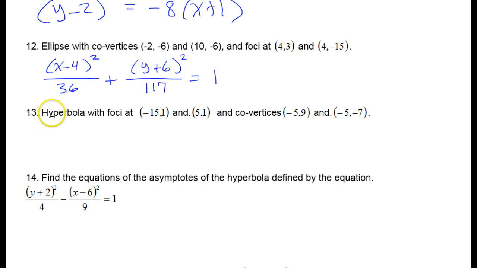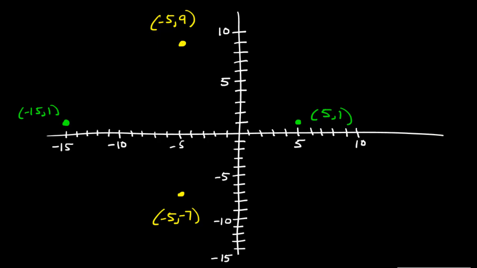Alright, for number 13, we're dealing with a hyperbola that has these foci and these covertices. Okay, so I've plotted those points on my little bootleg sketch here. My foci are in green. I have a color system. I always use green for the foci for some reason. So my covertices are here in yellow.